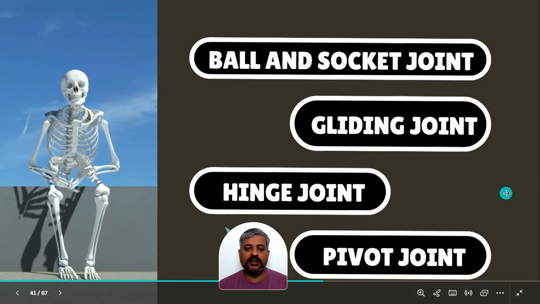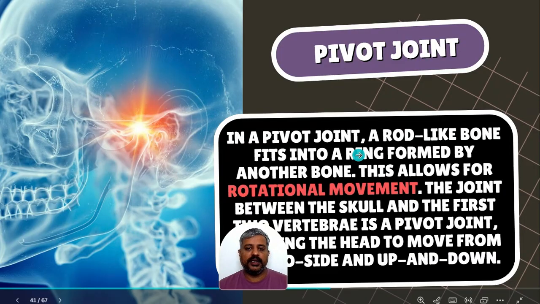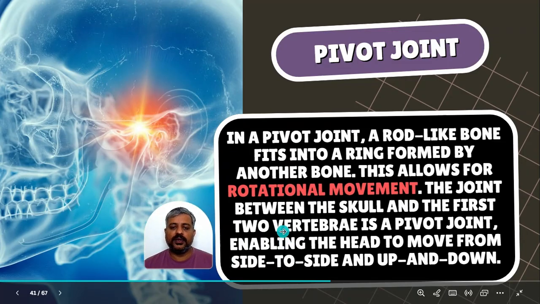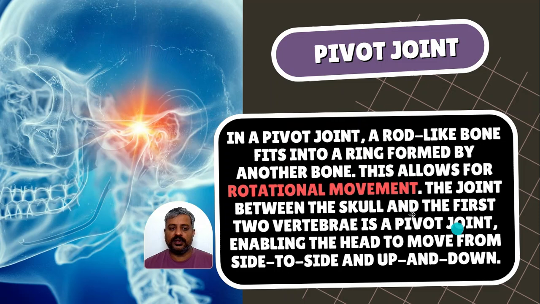Pivot joint, right? In the pivot joint, a rod-like bone fits into a ring formed by another bone. So this you have to learn precisely. Here it is, right? The joint between the skull and the first two vertebrae is a pivot joint. So these are the vertebrae moving to the skull.